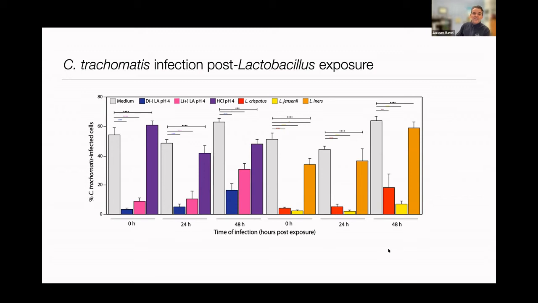So one thing we did, we looked in human biological samples, in women who have different kinds of microbiota, and we looked for features of the host through microRNA sequencing that could potentially explain this phenotype.